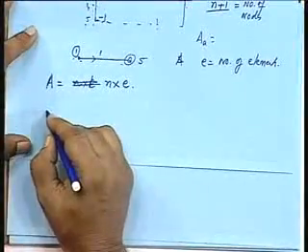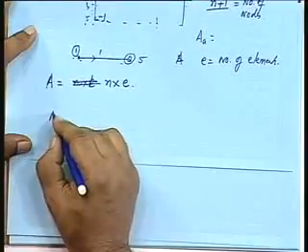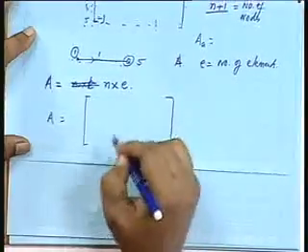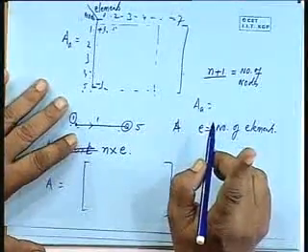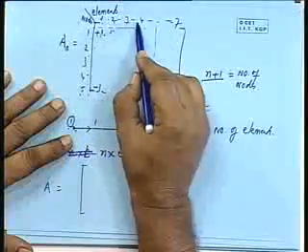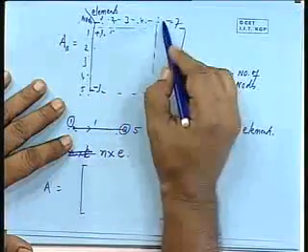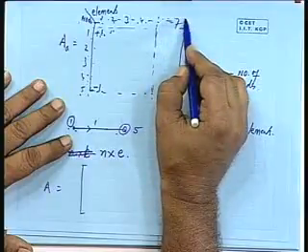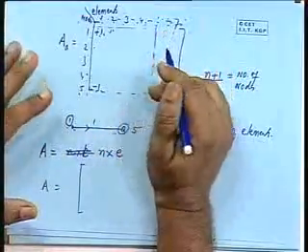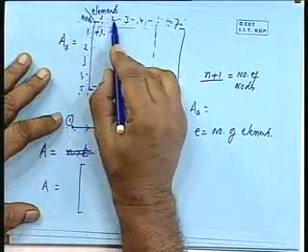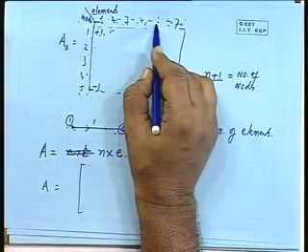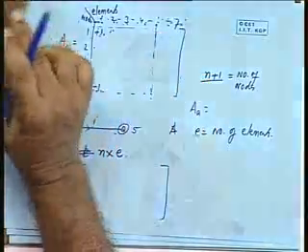Let us see the nature of matrix A. Now A I can partition. I can always select a particular tree and arrange the elements of the tree first and then the links later. 1, 2, 3, 4, 5, 6, 7. I can choose a tree of element numbers 1, 2, 5, 6, 7.